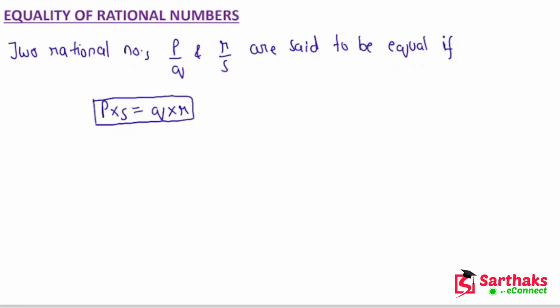So two rational numbers P upon Q and R upon S are said to be equal if P into S equals Q into R.